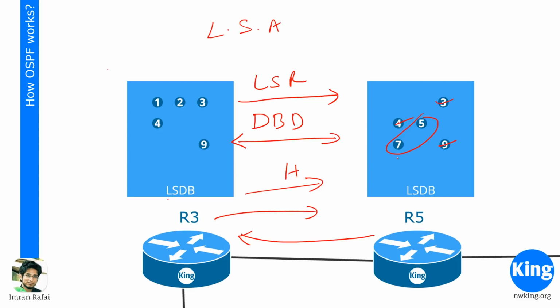Similarly, router 5 would say, I know these three, so just give me 1 and 2. So it would send an LSR for 1 and 2. Now, once a link state request comes, it sends an LSU packet back, right? LSU, link state update. So if R3 sends an LSR, R5 would send an LSU, link state update, right? So this is how they update each other.